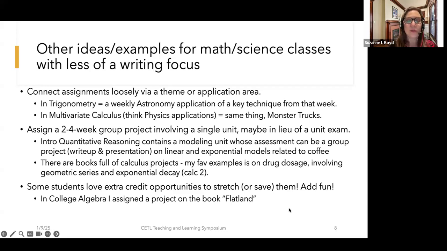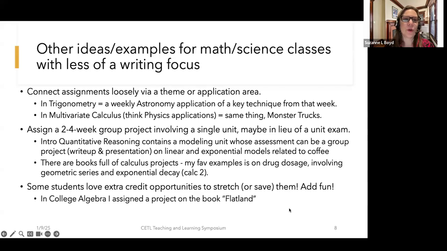So one thing you can do that's really simple would be connect the assignments loosely via a theme or application area. And if your class is already applied, maybe you can find an even narrower focus, right?